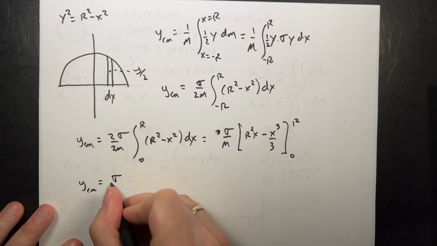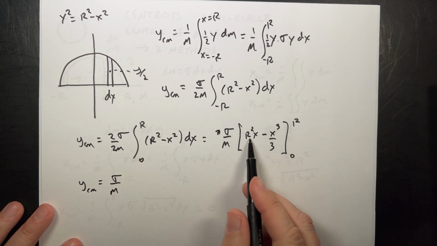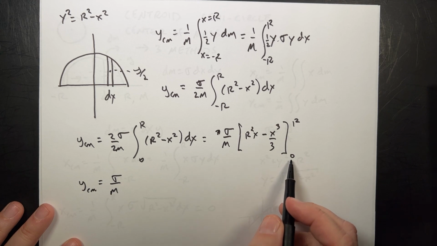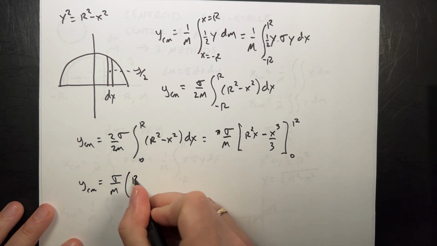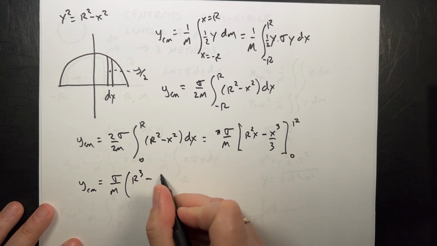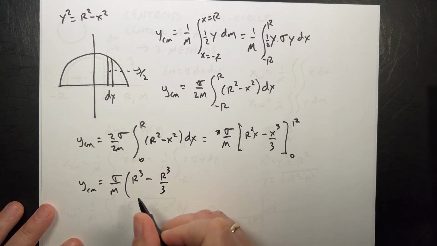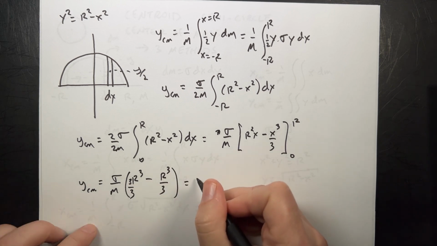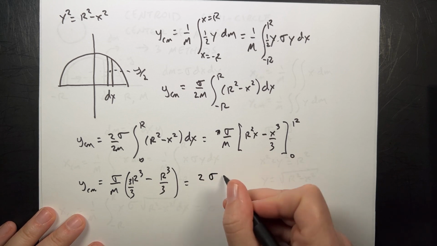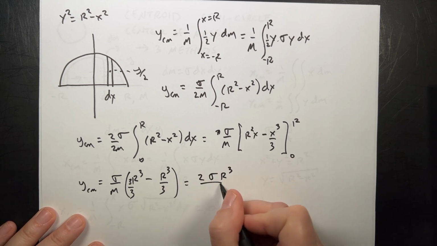So it's going to be sigma over m. And then this is going to be r squared times r minus 0, which is 0, and minus r cubed over 3. So I get r cubed minus r cubed over 3. So this is like 3 over 3. So I get 2 r cubed over 3. 2 sigma r cubed over 3m.